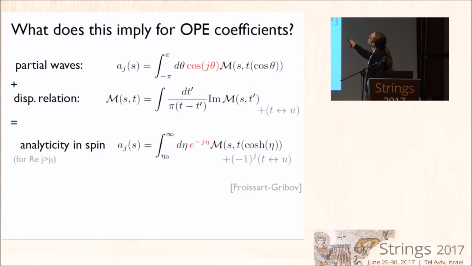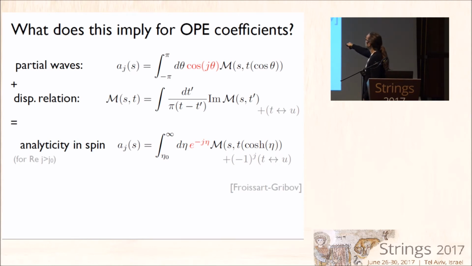So for OPE coefficients, in the flat space case, again, we're going to proceed by analogy. If you start from the partial wave expansion and you plug in a dispersion relation, you can exchange the order of integration and you get a formula that expresses the partial wave coefficient in terms of integrals over imaginary parts of the physical region. And this will be positive in a range where S is between 0 and 4m squared.